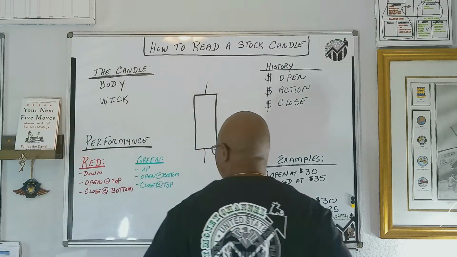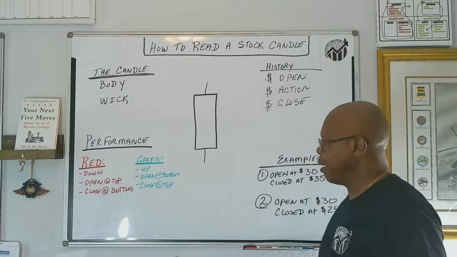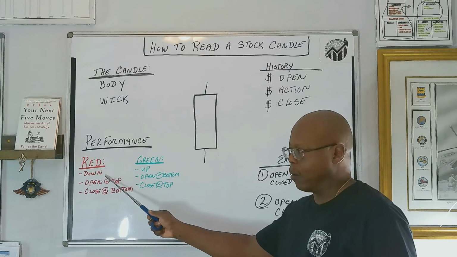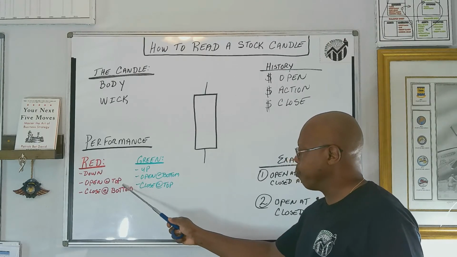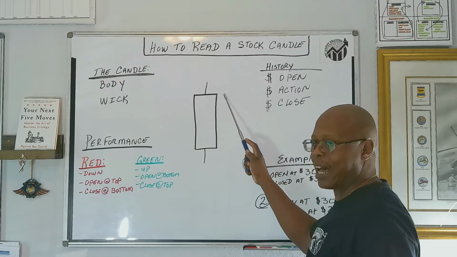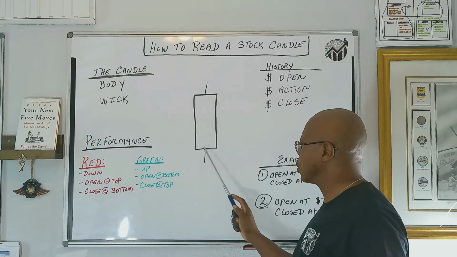Now, the performance is this. When you see a red candlestick, that means, quite naturally, most people know that, hey, the stock closed down. The opening is going to be on the top. That top line, that's where the opening's at. And the close is going to be on the bottom.